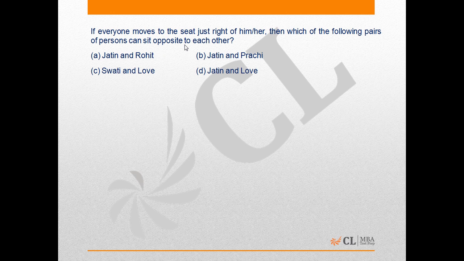In the last question it is given that if everyone moves to the seat just right to him or her, then which of the following pairs of persons can sit opposite to each other.